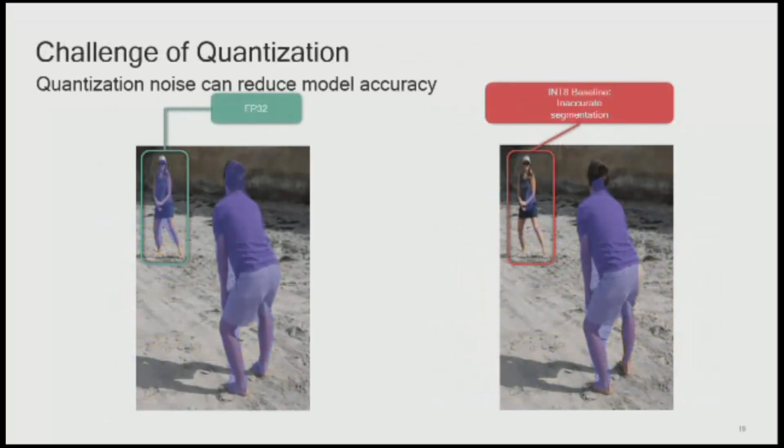And therefore, that has a direct impact on your inference time. When you go from floating point 32 and trim down to integer 8, you might see some inaccurate segmentation results.